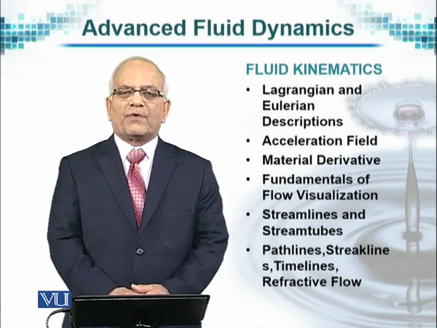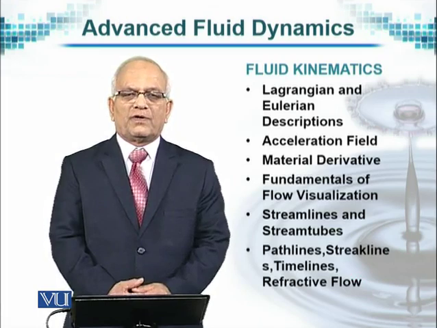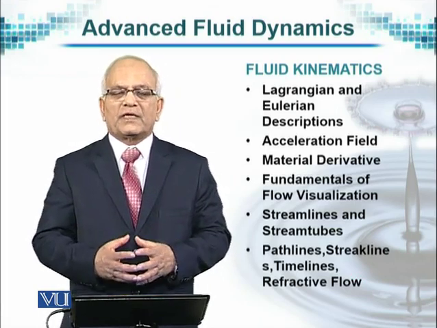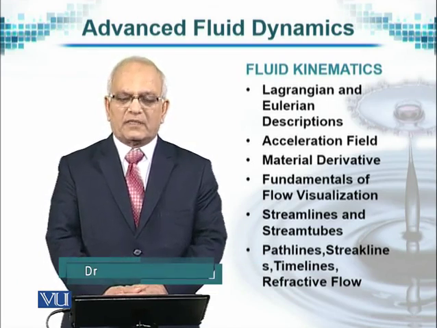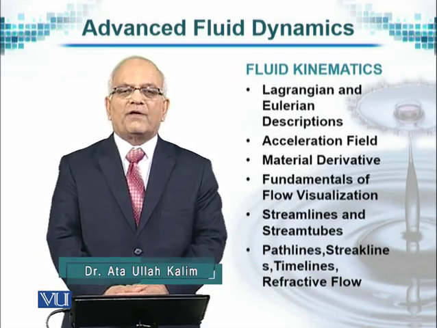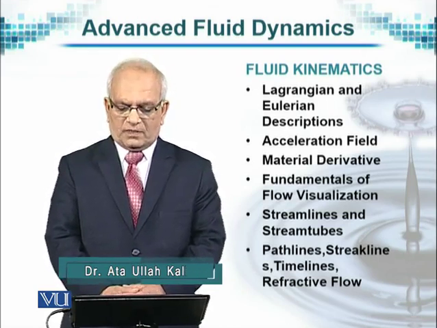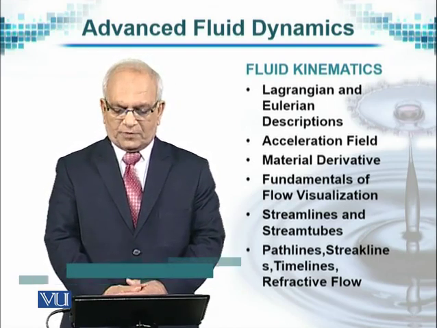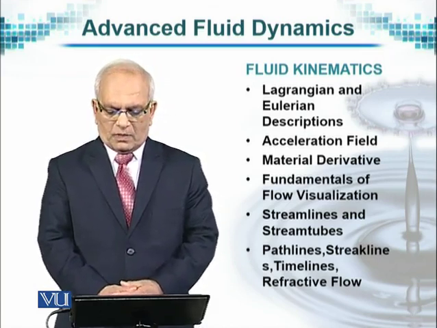Both of them defined their own coordinates, and therefore if we are using Eulerian coordinates, we consider it as Eulerian description, and if we are using Lagrangian coordinates, then it's Lagrangian description. So we shall be looking into that.